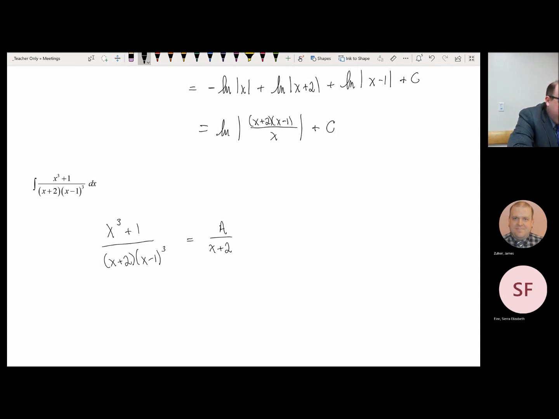Second factor is x minus 1 cubed. That will contribute B over x minus 1 plus C over x minus 1 squared plus D over x minus 1 cubed.